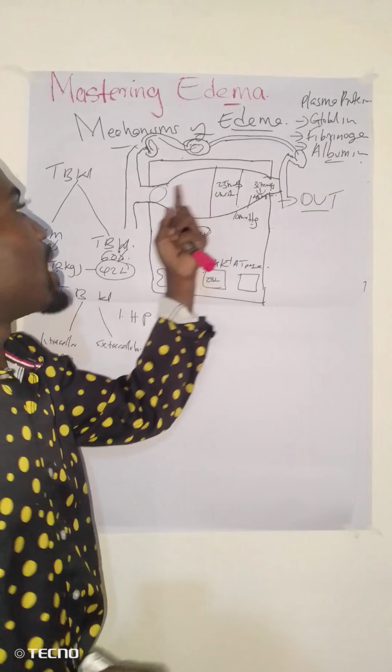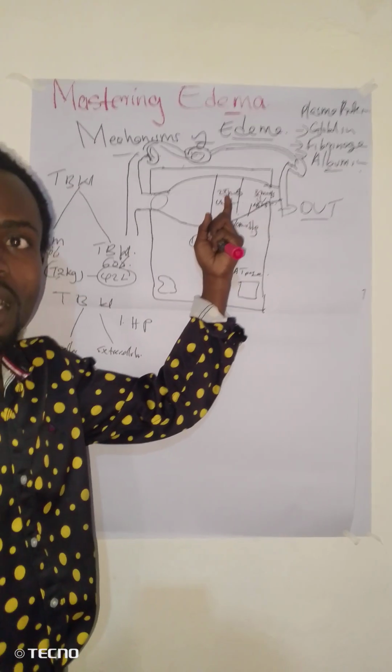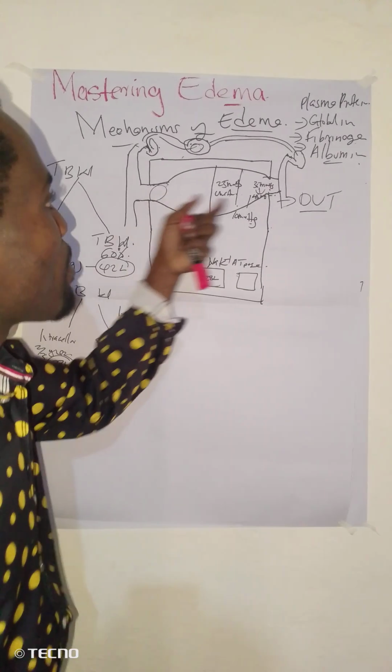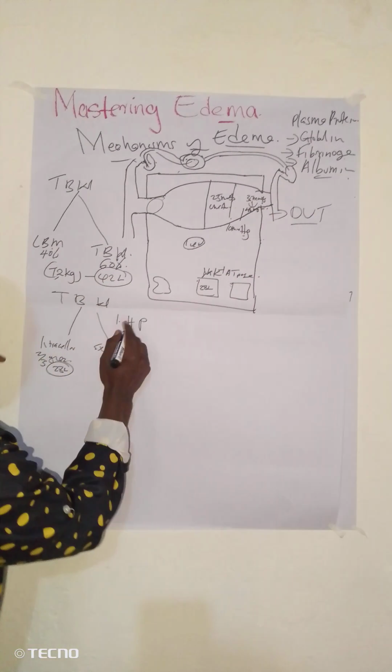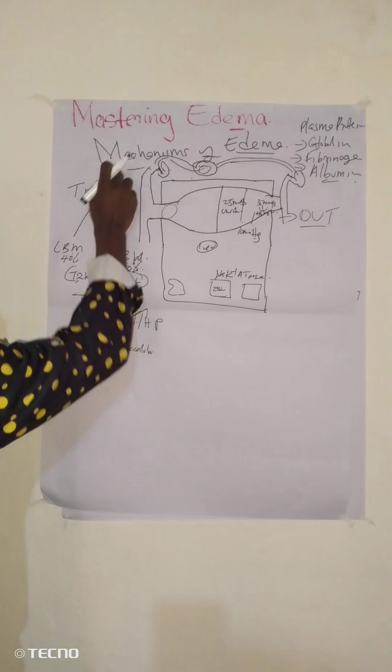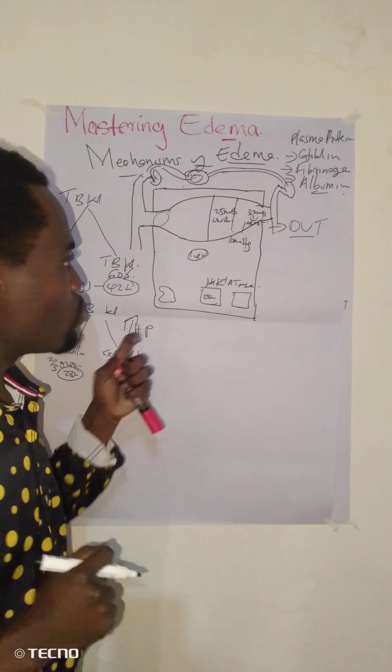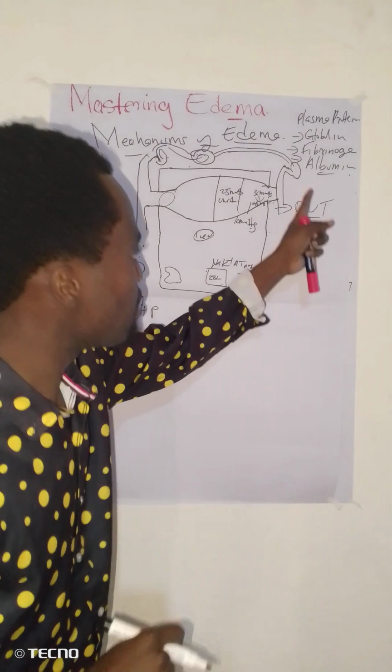because this one doesn't deal with anything like albumin. In this case, we are still talking about the hydrostatic pressure and how the edema results due to pathological reasons, for example, in DVT.